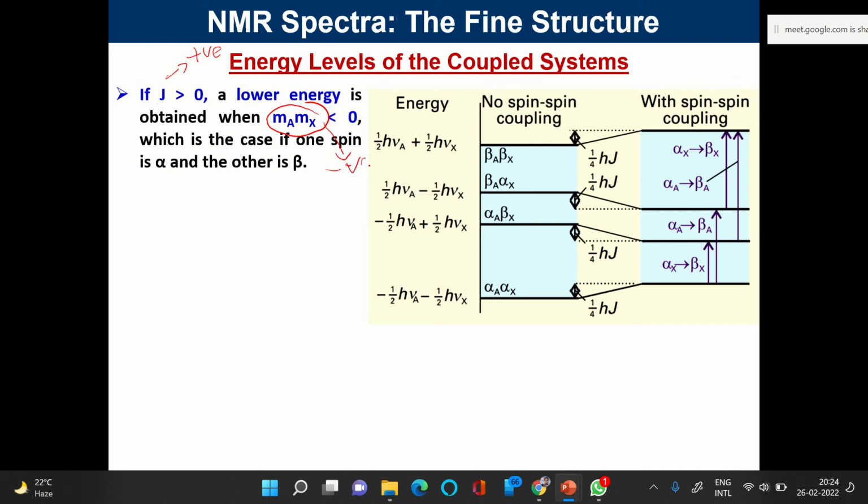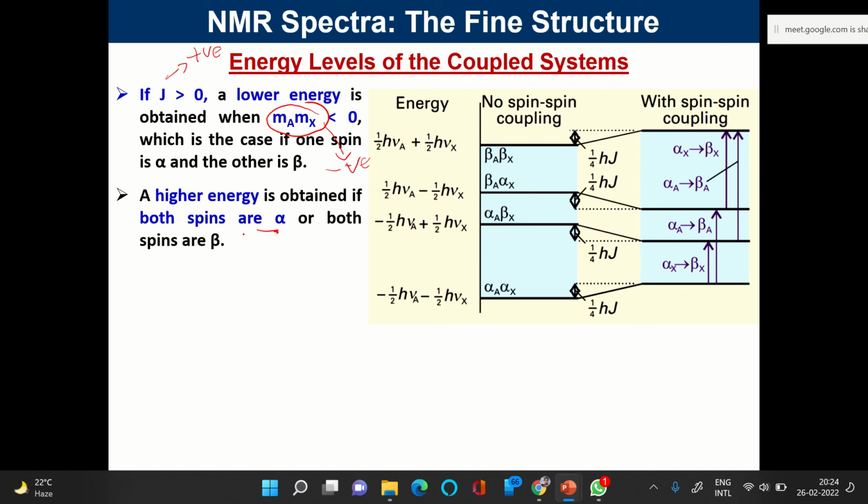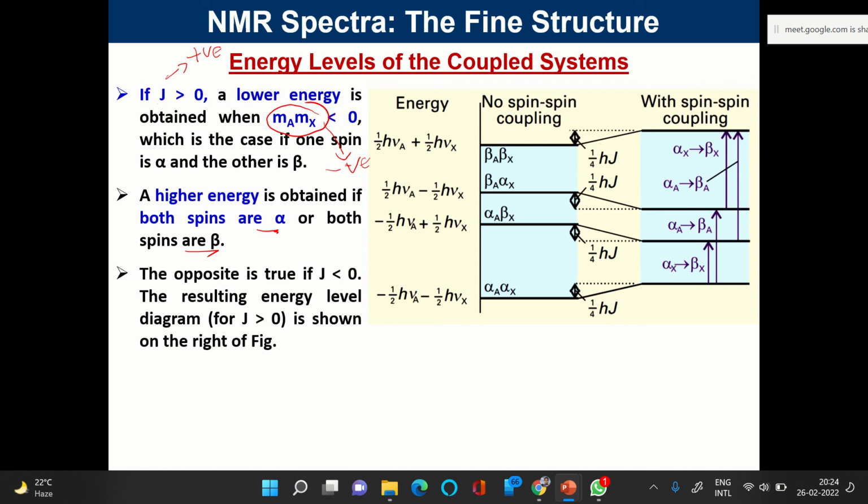For J positive, higher energy is obtained if both spins are alpha or both are beta. If J is negative, then it will be different. This is what we obtain when we put in this formula.